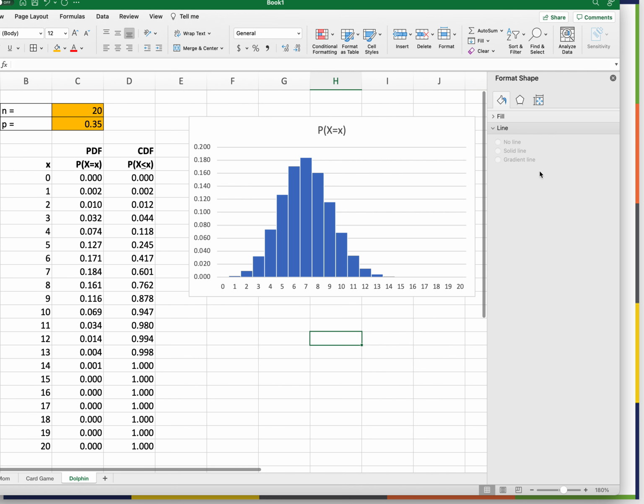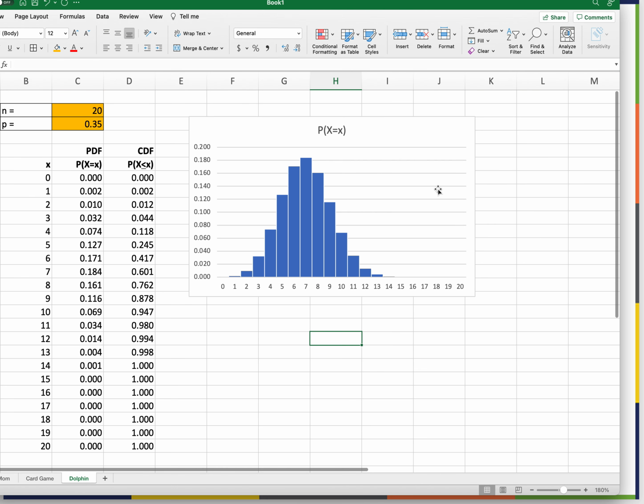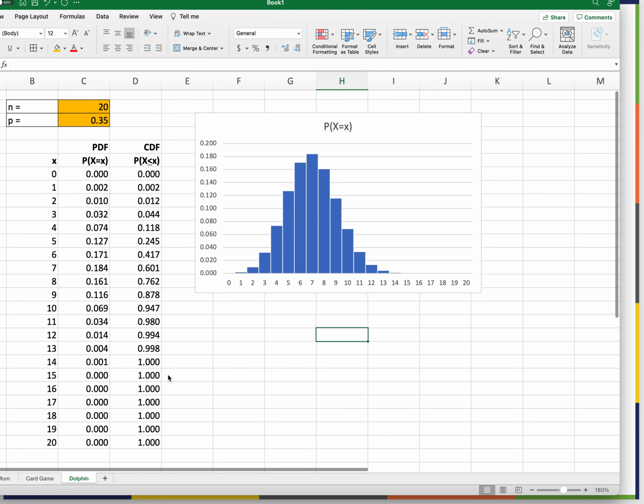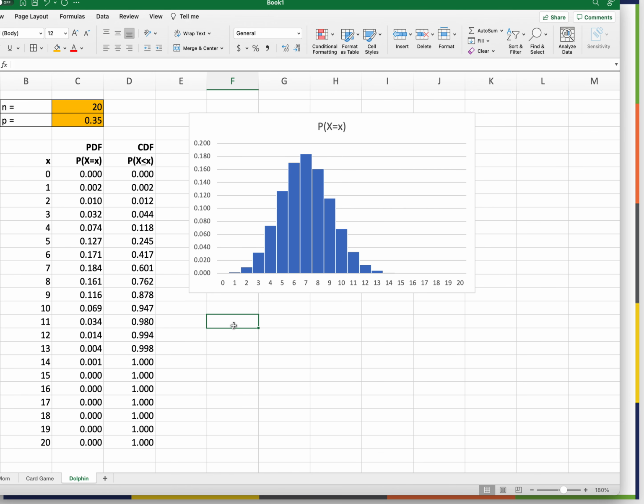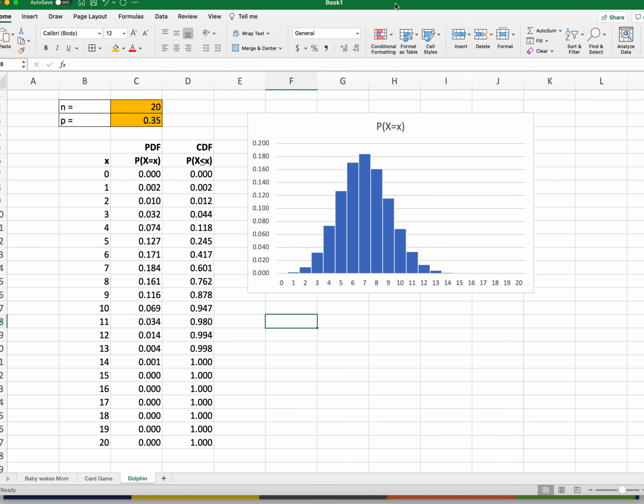Now, once I've done this, here's the cool part. Let's say I want to do other things. What if I want to do mean, variance, and standard deviation? What does it mean?